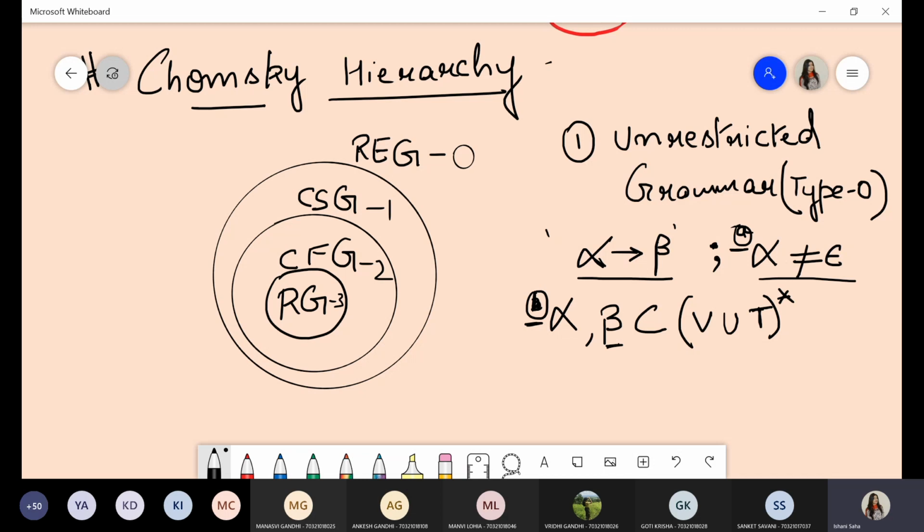Okay, you can write the language formed by this grammar.